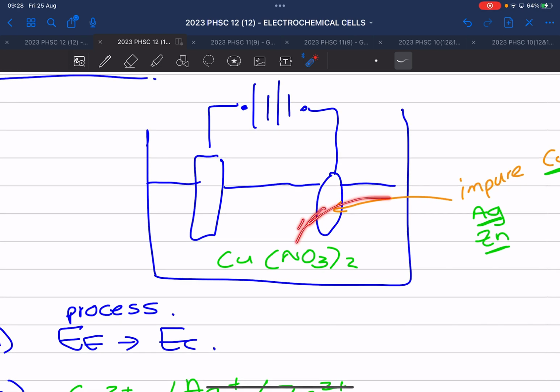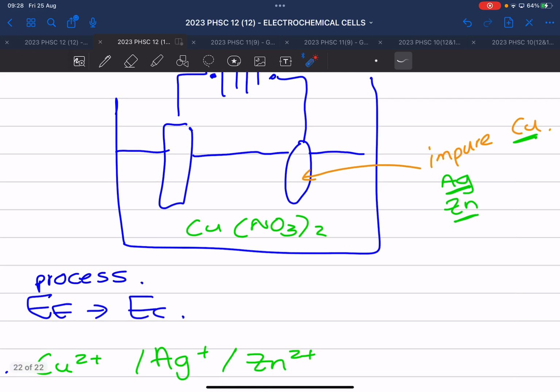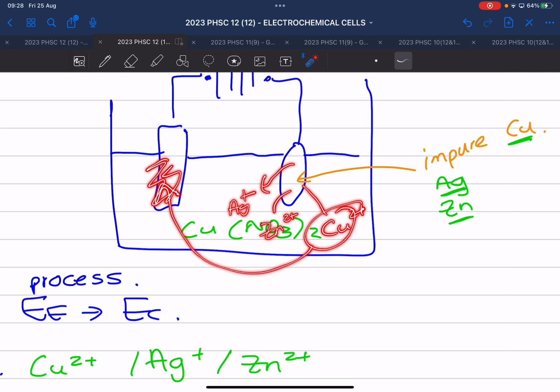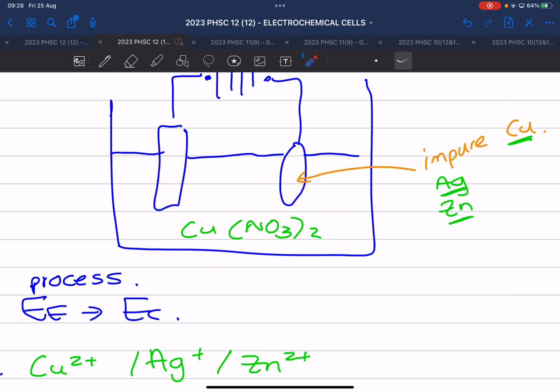So this is the impure one. They ask why will they not form any copper? That's what they're asking. Okay, so why will, even if... Sorry, this silver ions will go in here, zinc ions will go in here, copper ions will go in here, but they want to know why will the copper form a precipitate there, but not the zinc.